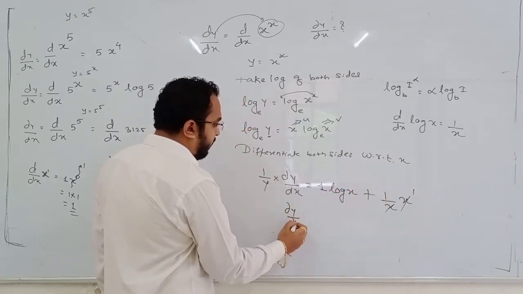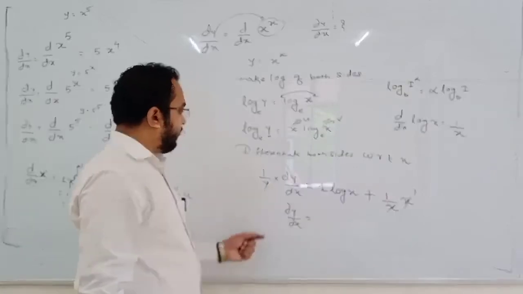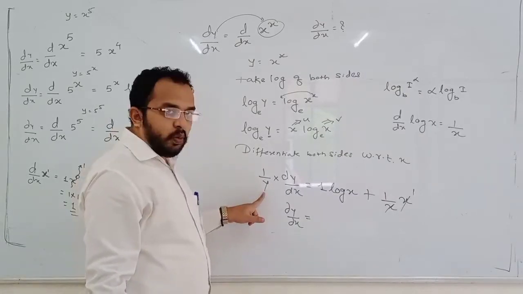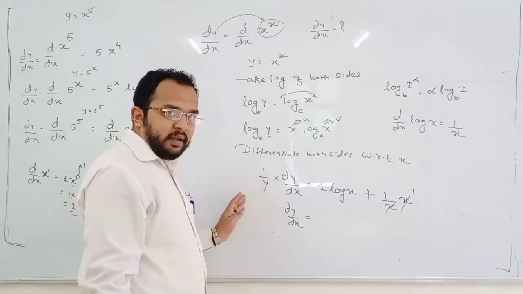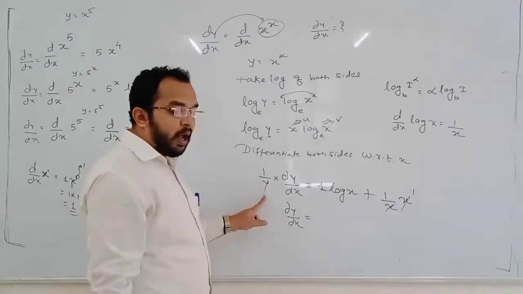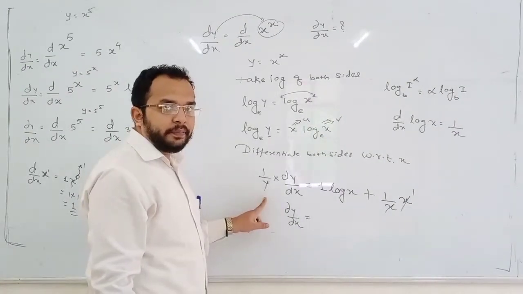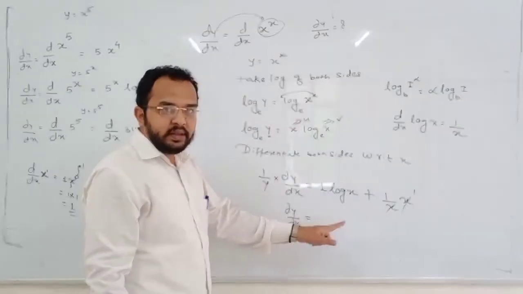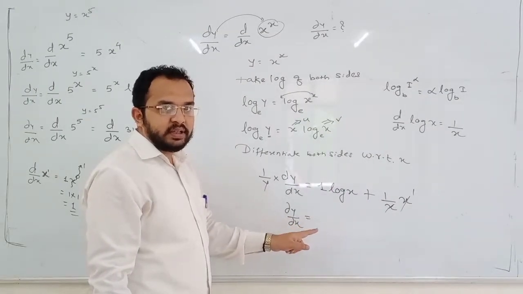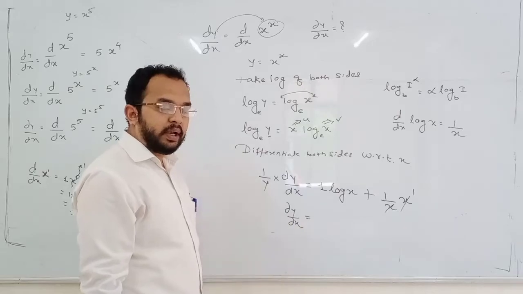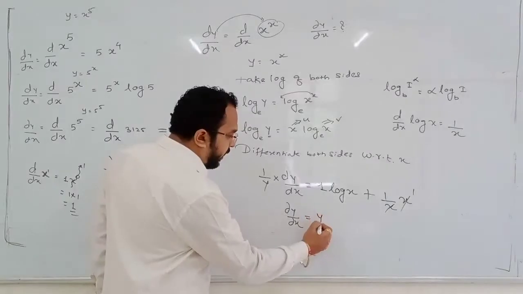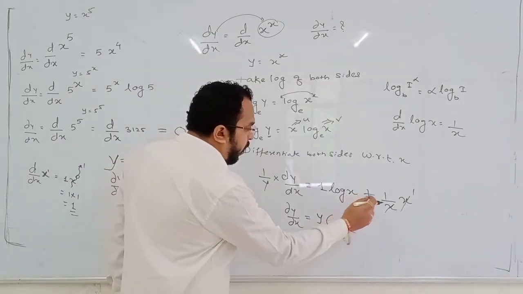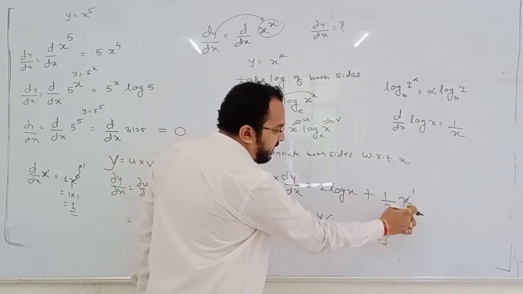Now see here, students, this y on left hand side is in the denominator. When this y goes to RHS, on RHS it will go to numerator. So it will be y. This is 1, x and x cancel each other.